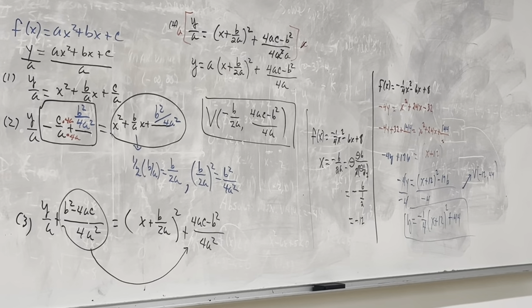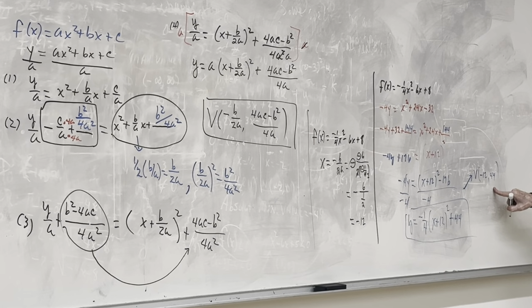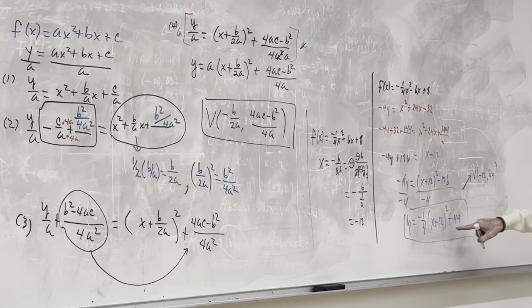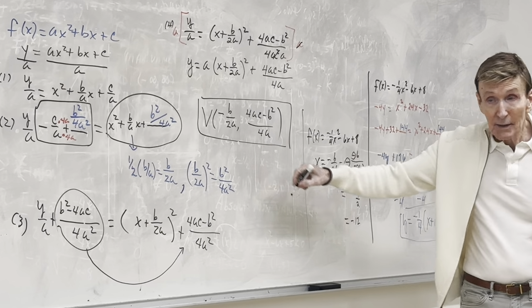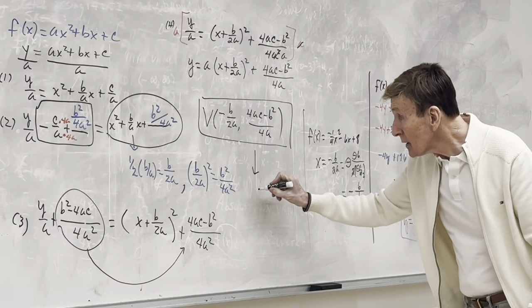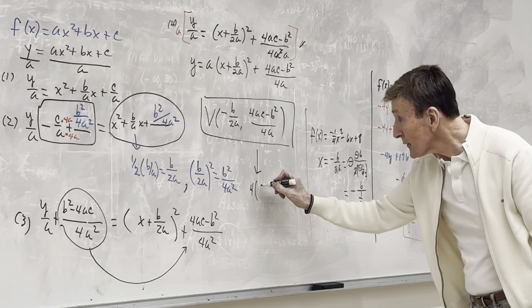If I've done it correctly, we got 44 here. That should give me 44. Let's see if it does. 4 times a, in this case, negative 1/4.